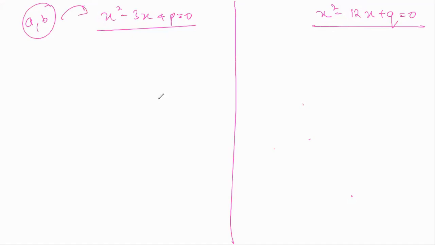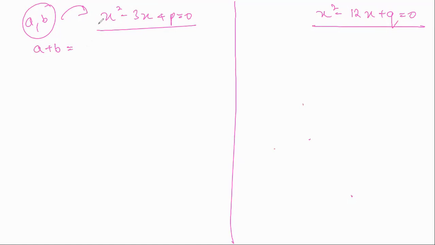Now you know that when you have a quadratic equation, you have the formula for the sum of the roots and the product of the roots. Sum of the roots means the addition a + b, that is equal to -b/a. That is the general formula, right?